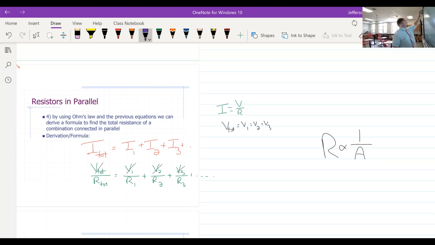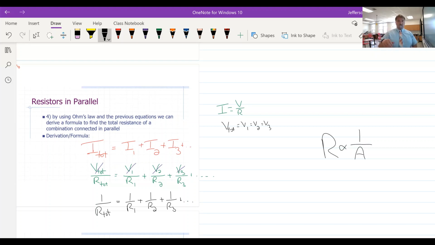And so we end up getting that 1 over R total is equal to 1 over R1 plus 1 over R2 plus 1 over R3 plus ... Okay? And again, what we're saying here is it's an inverse relationship. As you add resistors in parallel, the total resistance goes down.